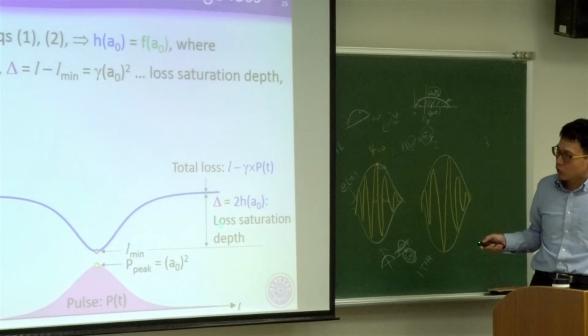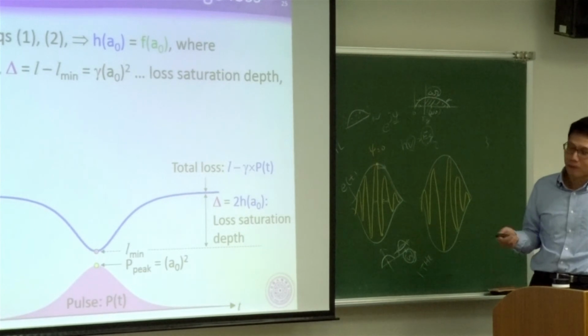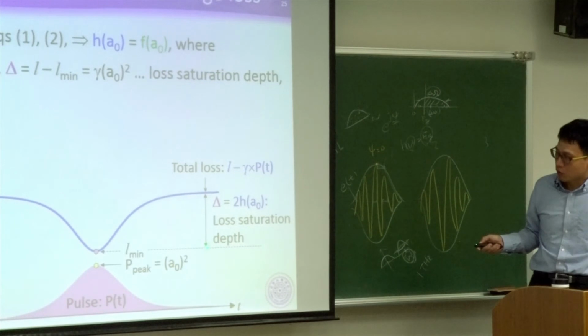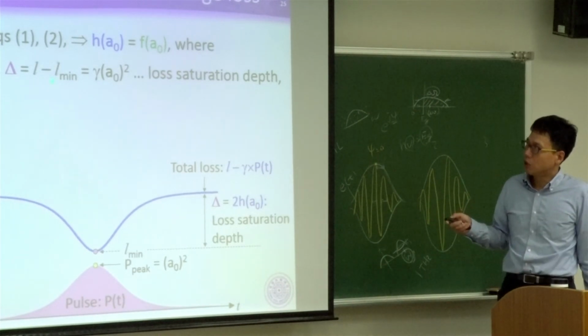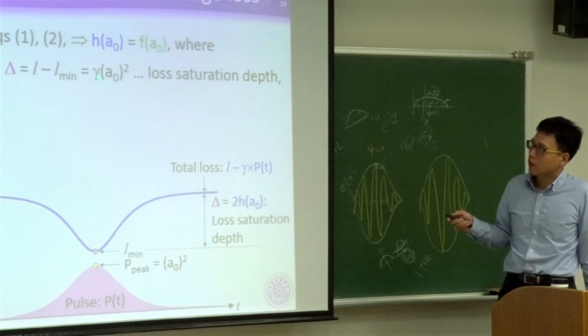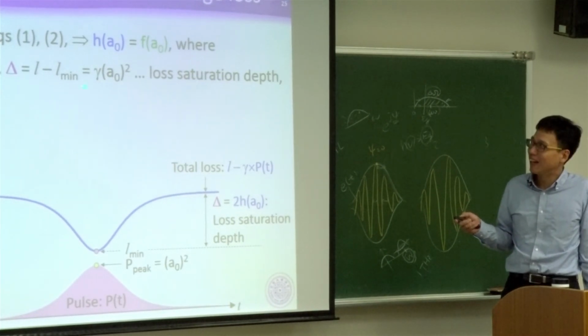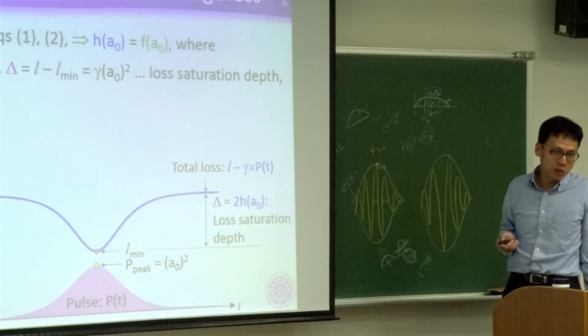这一段的距离就是所谓的 saturation depth of the absorber, right? 没有 pulse，我的 loss 这么高，最强的 peak 出现的时候，我 loss 这么低，这个之间的差距就是所谓的 loss saturation depth. And mathematically, L minus L minima equals gamma times A0 squared. Is it okay? What is L of t? Your total loss is this one. What is L minima?